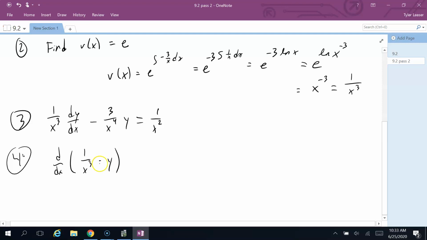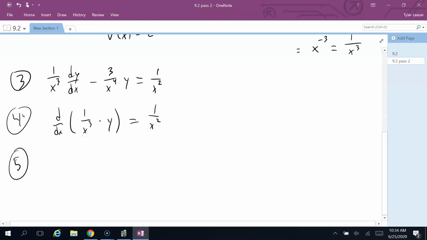You can double check to make sure it works, but you don't have to because it will always work as long as you found the integrating factor correctly. It would be the first, 1 over x cubed, times the derivative of the second, dy/dx, plus the second, which is the y, times the derivative of the first. The derivative of 1 over x cubed would be negative 3 over x to the 4th, which is what we have here. Okay, and I'm just going to copy the right-hand side now.